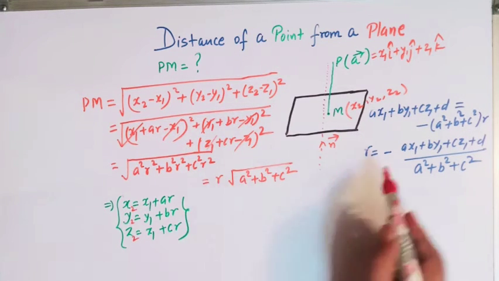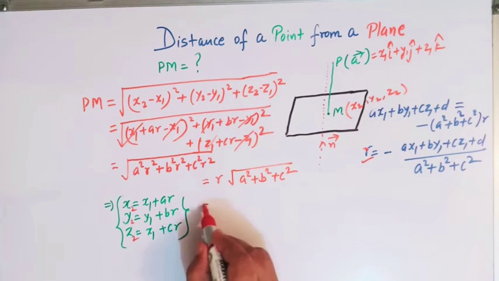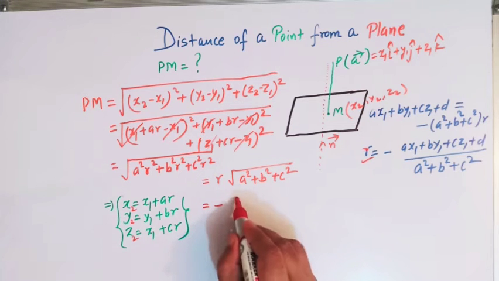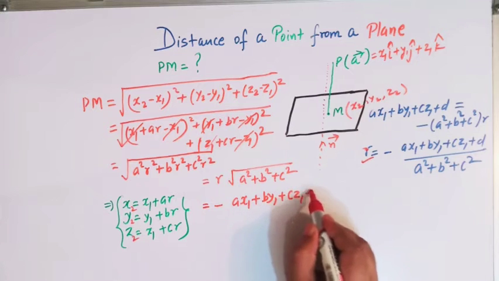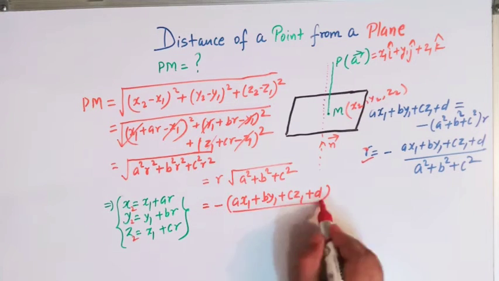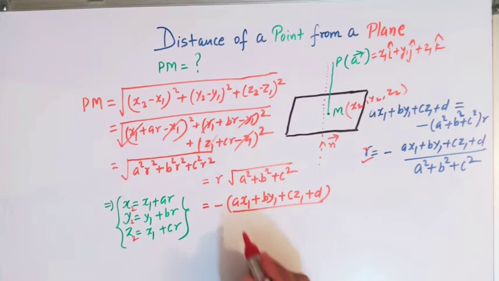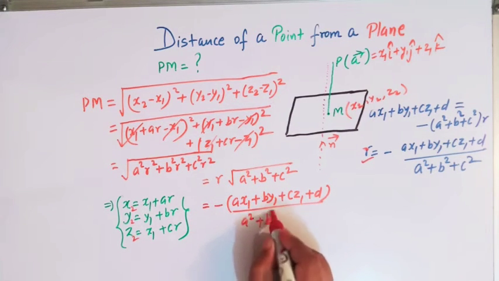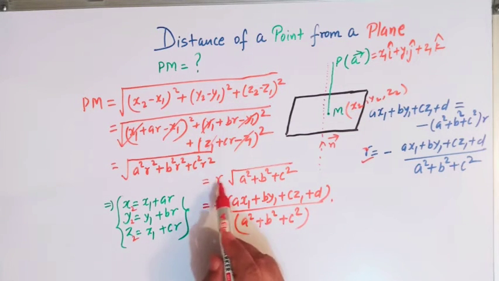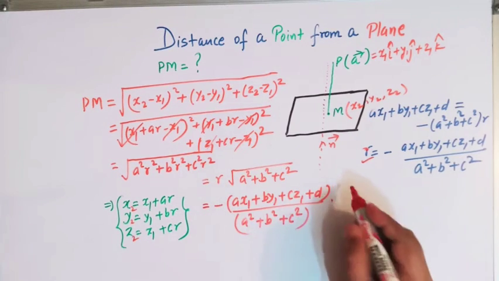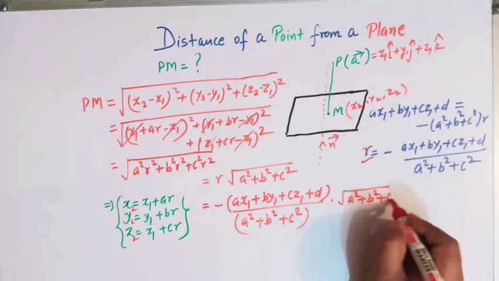Now if we substitute this value of r, we have -(ax1 + by1 + cz1 + d) divided by the square root of (a square + b square + c square), multiplied by the square root of a square + b square + c square.